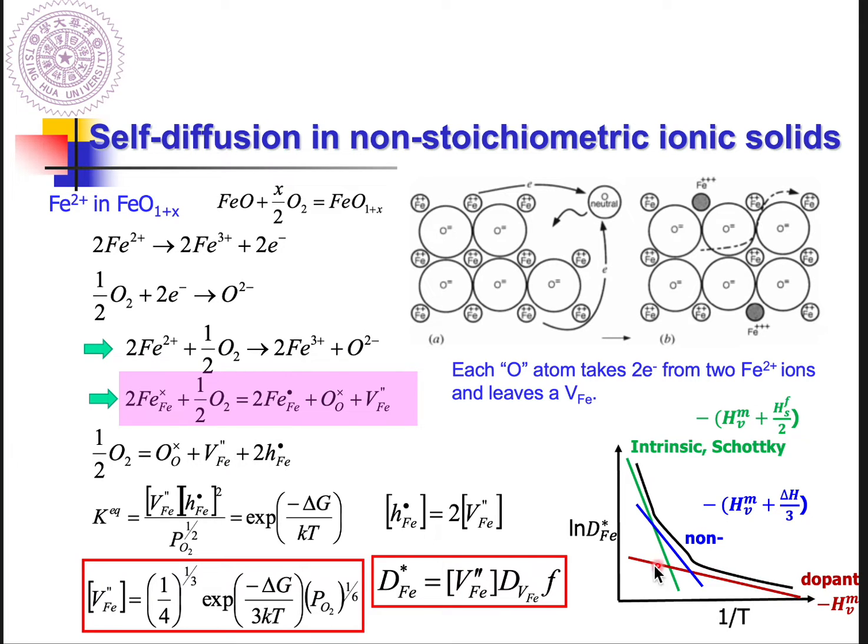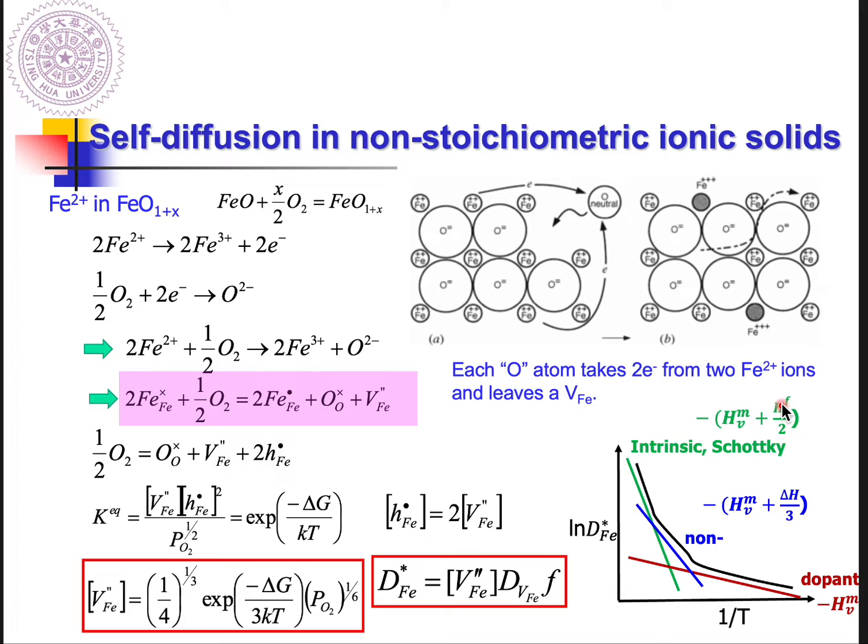As long as you have this experimental observation, after fitting with these 3 curves, based on the dopant one, you can get the migration enthalpy for the vacancy. And as long as you know the slope, you can get the enthalpy for this chemical reaction, for this non-stoichiometry effect. And you also know the slope for the intrinsic region, right? And you also know the vacancy migration enthalpy, so you can know the Schottky defect formation energy in your material of interest.